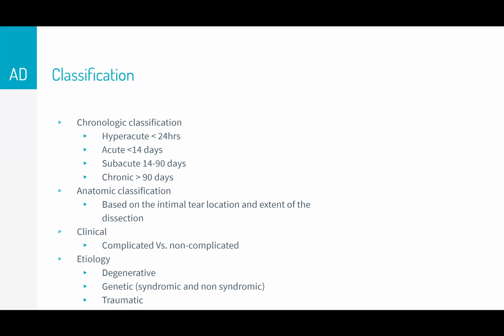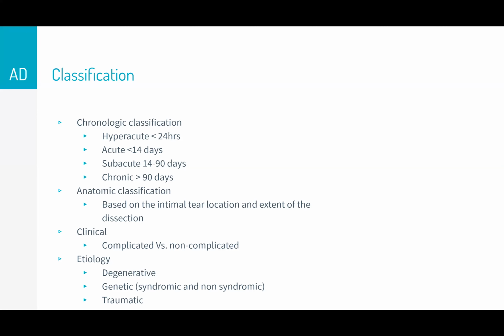The anatomic classification is based mainly on the intimal tear location and the extent of the dissection. And I will be talking more about this type of classification in the next slide. But before we talk about it, let's just talk quickly on the other types of classification.